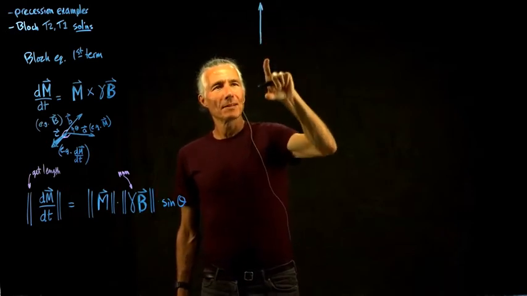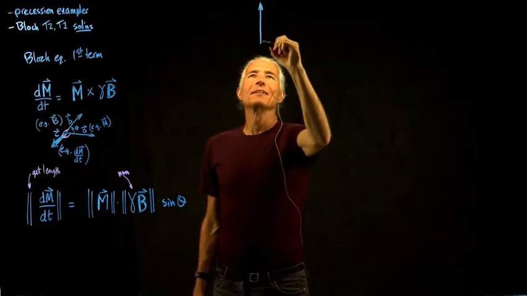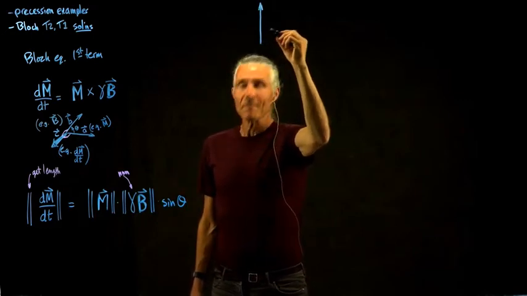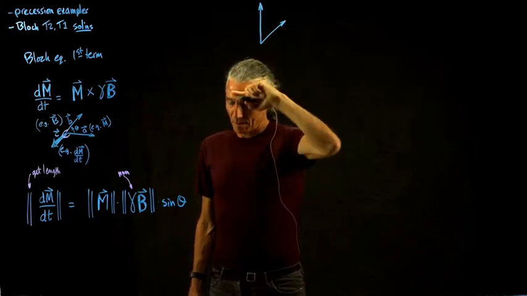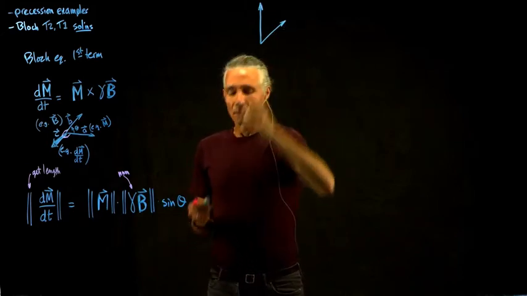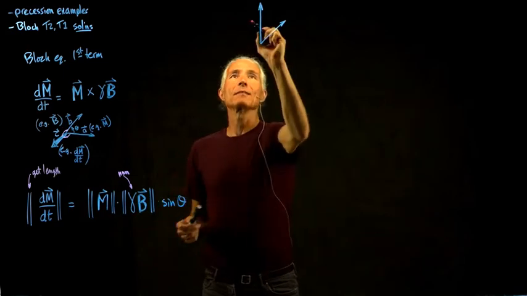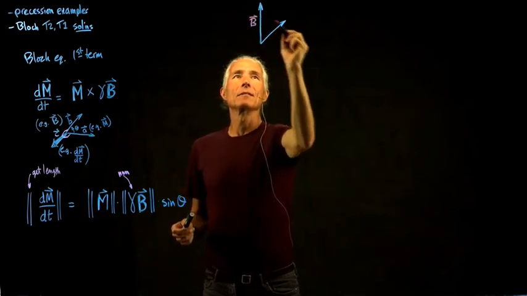Okay, so kind of about 4 of those. Yeah, that's good. Okay, so now we've got the m vector. So here's our m vector. So this guy, I'll label it with a different color. So this guy's the b vector. There's the m vector.